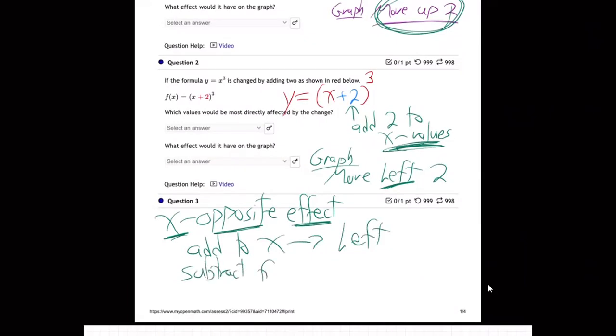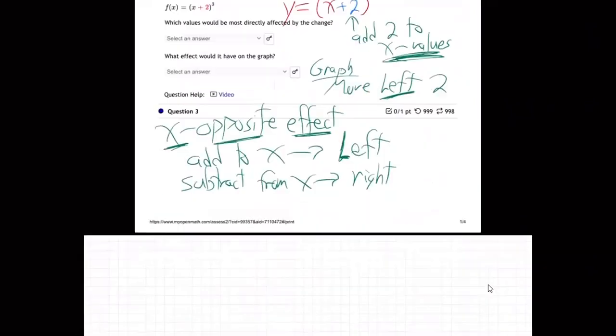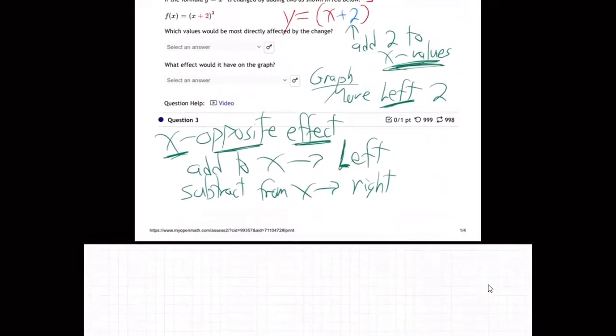Subtracting from x actually goes to the right, which is totally the opposite of what we would normally think. Adding to x actually goes left and subtracting goes right. It's backwards. Why is it backwards? Well, it's a little technical, but let me make an effort to describe it to you.